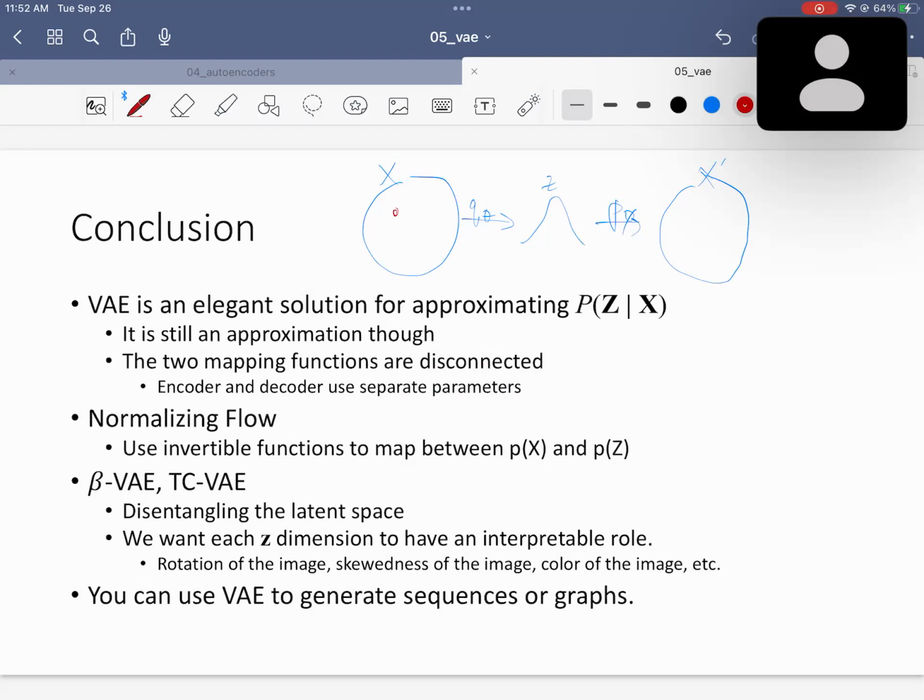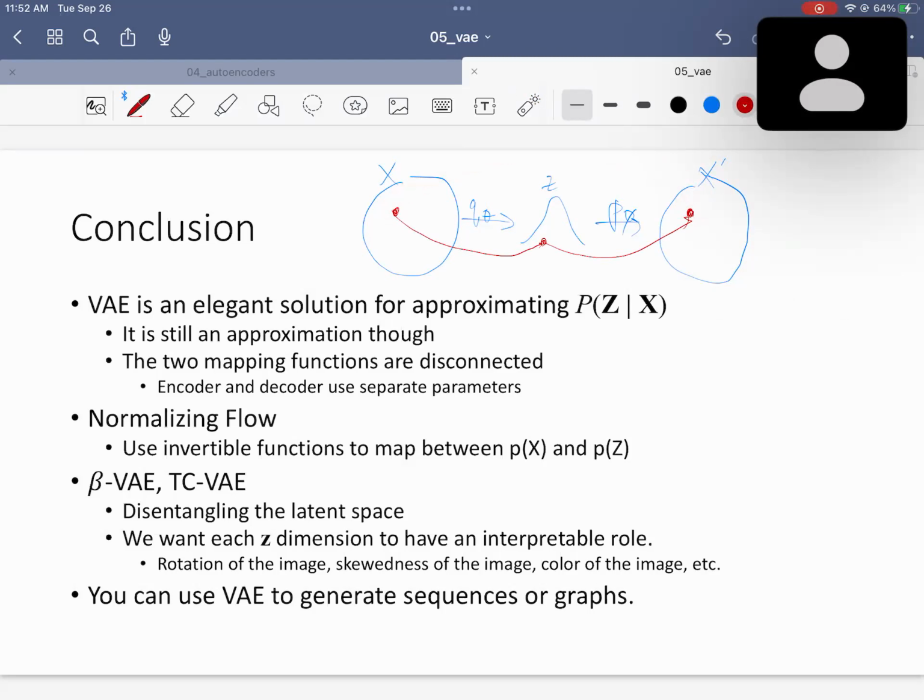So because of that, if you pick a sample from this spot and using q theta you map it to right here in your latent space, this Gaussian distribution space, and then taking that, you use p phi, the decoder, to map it back to the original space, there is no guarantee that these two places will be the same. They could be completely off.